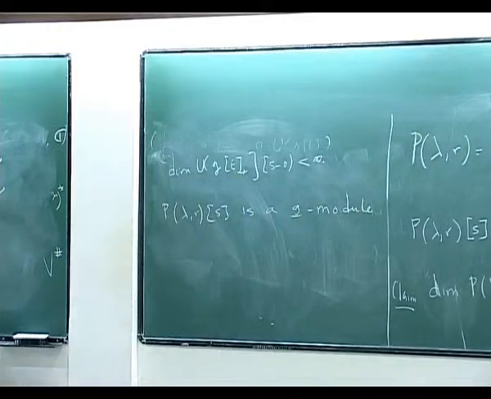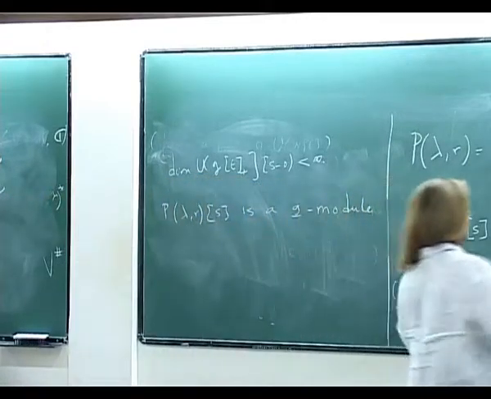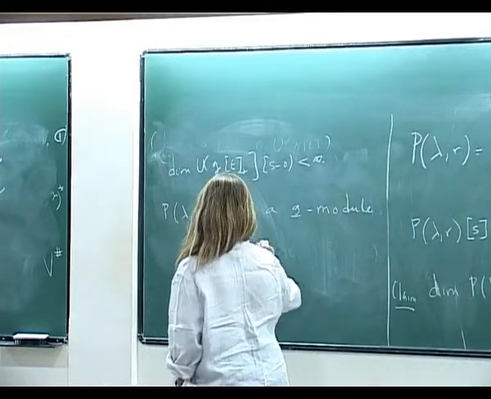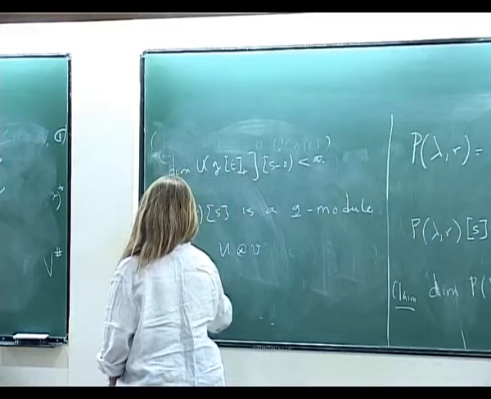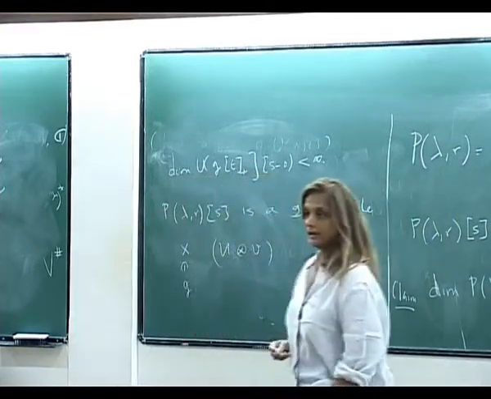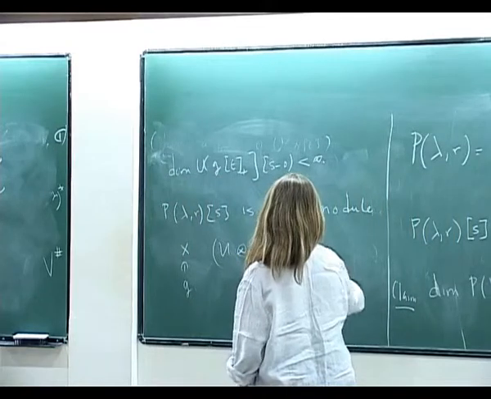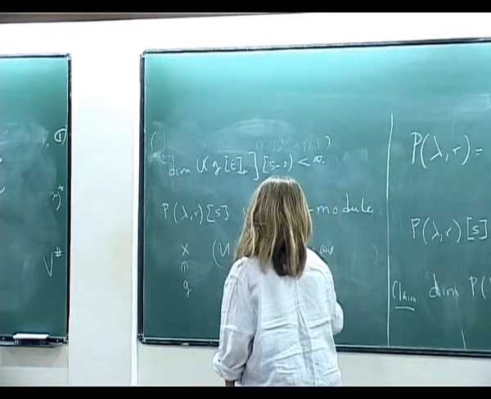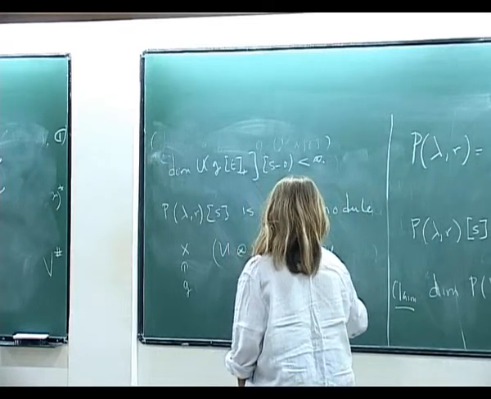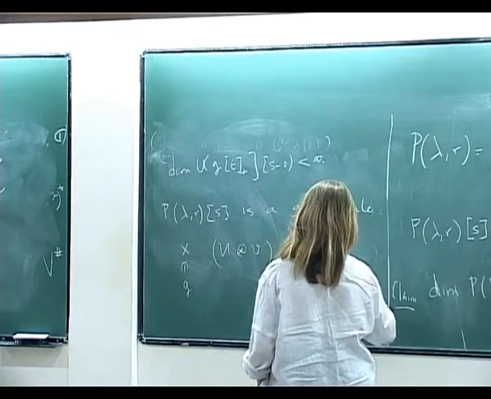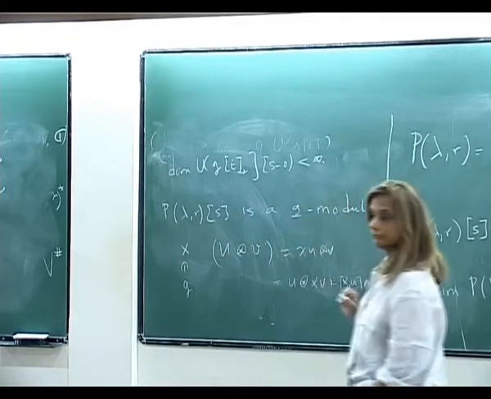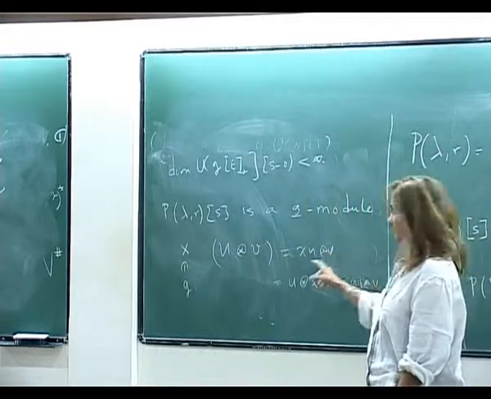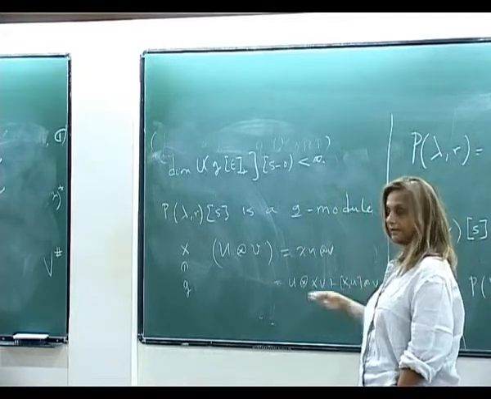Why have I proved that? Well, it's a very similar argument. Take an element over here, and apply an element x in g to it. How does it act? It acts as xu tensor V plus, by definition, it's just left multiplication, which is the same as U tensor xv plus x bracket U tensor V. So I flip the order, slide the x past, and then I've got this.